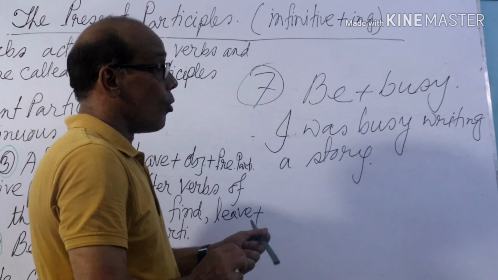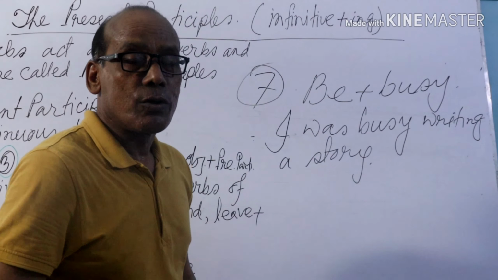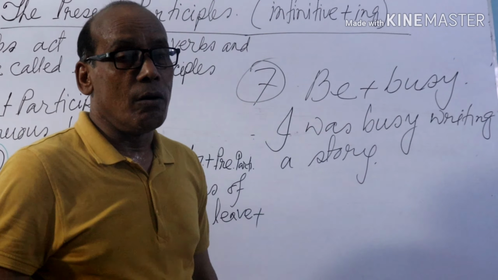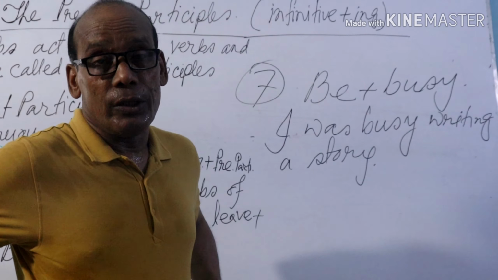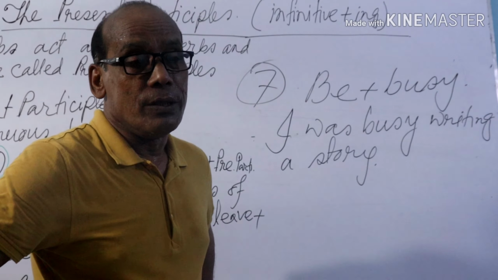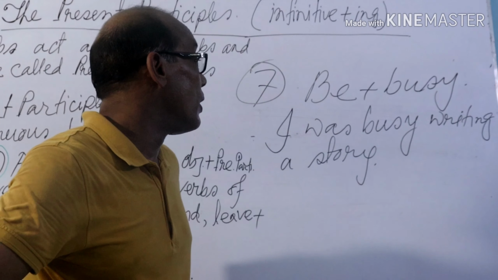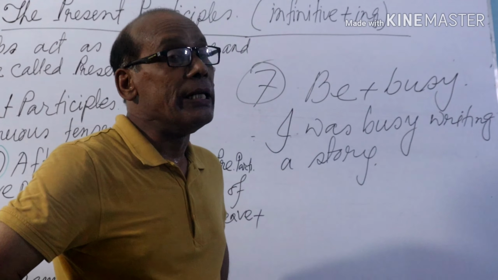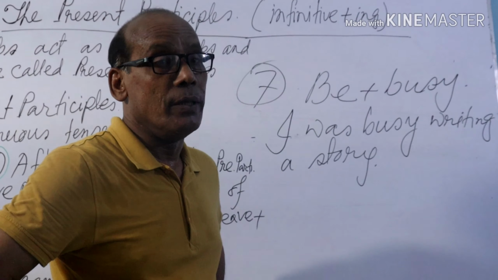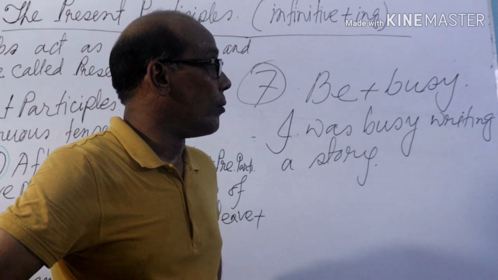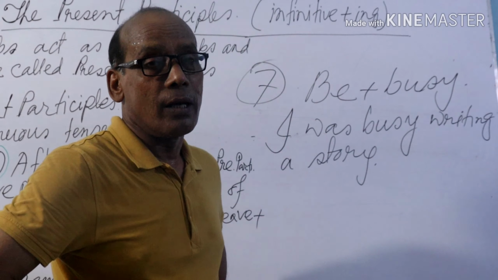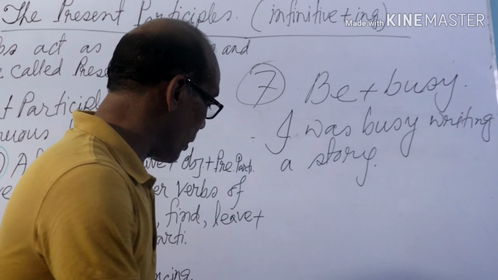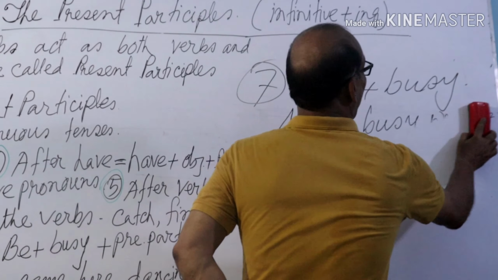You see, what were you doing then? What were you doing then, or what were you doing at that time? I may say, oh, I was busy working in the field. I was busy reading a book. I was busy writing a story. I was busy digging a canal. I was busy writing status for Facebook. So in this way, we can make so many sentences.